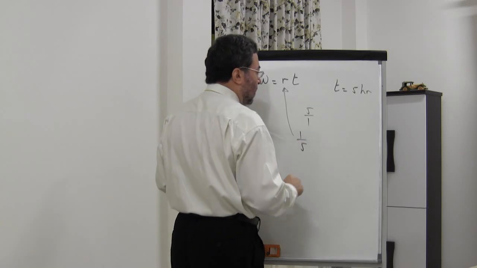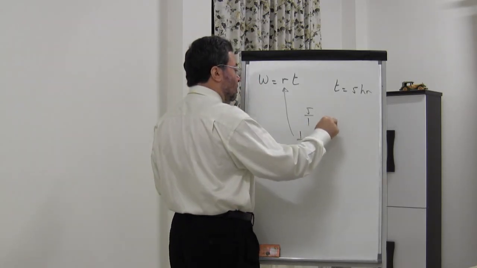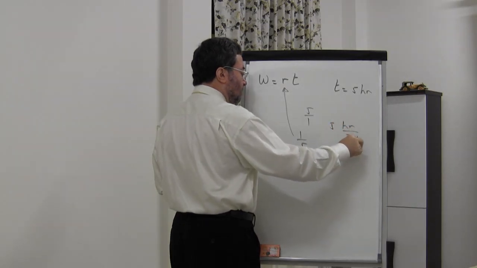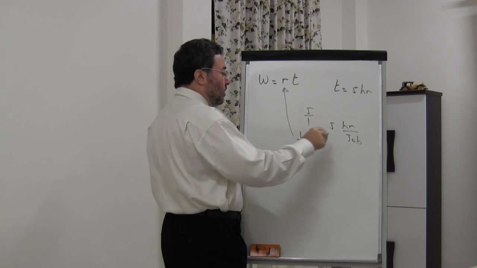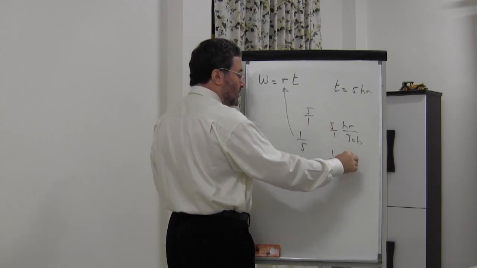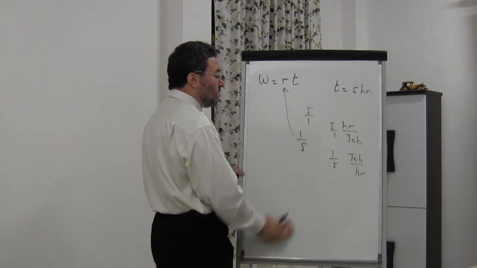Another way of figuring out the rate very quickly in the exam is as such. This is 5 hours per job, one job. You flip it, and you get 1 over 5 of the job per hour, and that will be the rate.